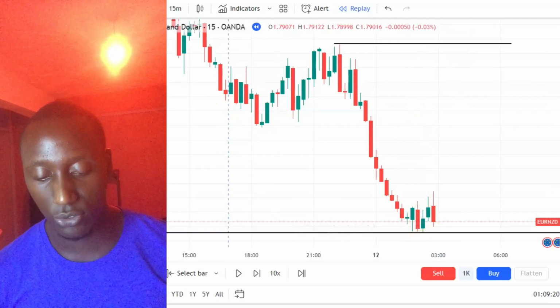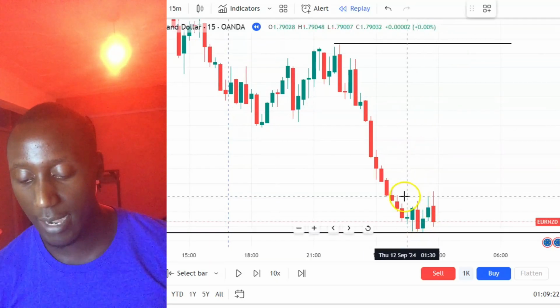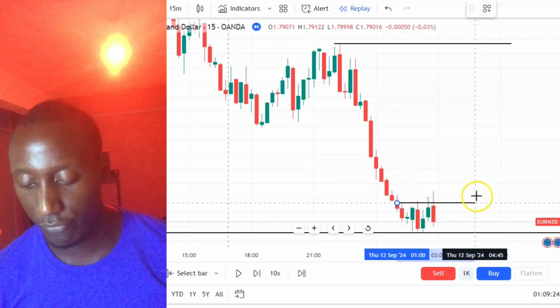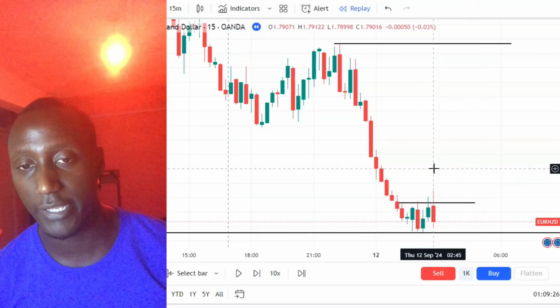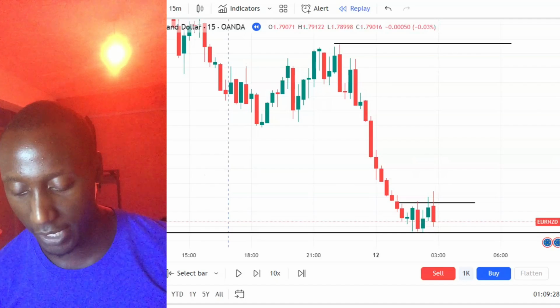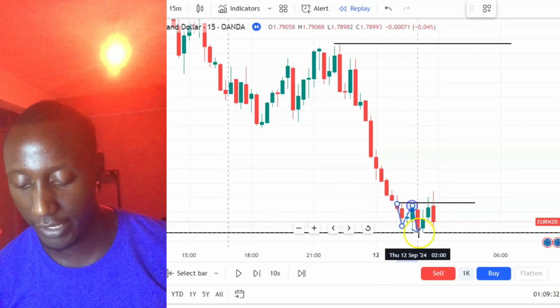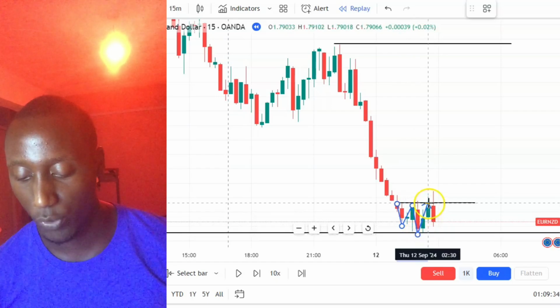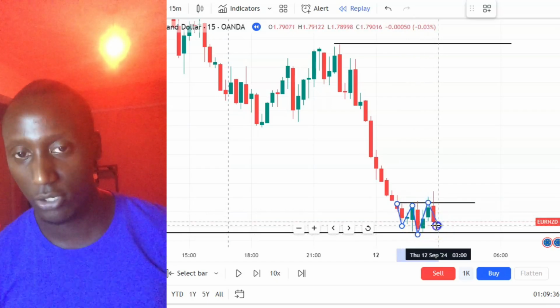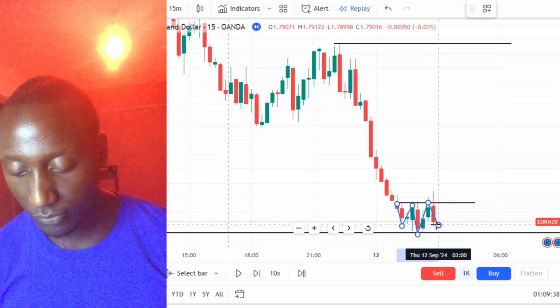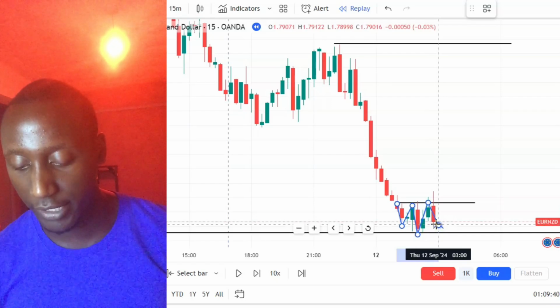And then we also have a pattern. If you've ever heard of a head and shoulders pattern, we have a left shoulder, and then we have a head, and now we are forming our right shoulder.